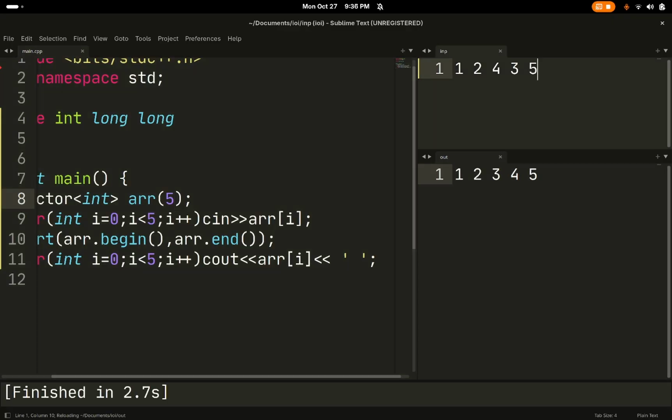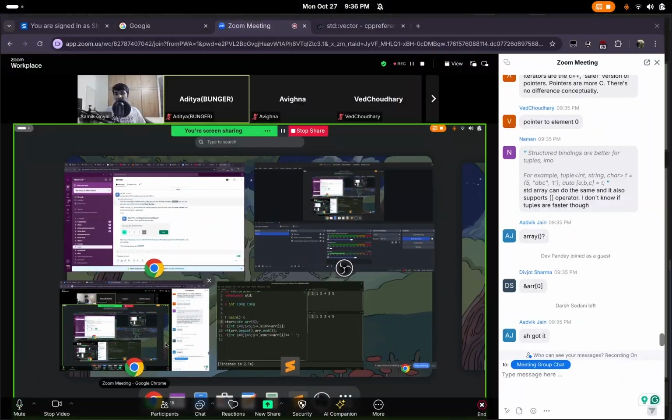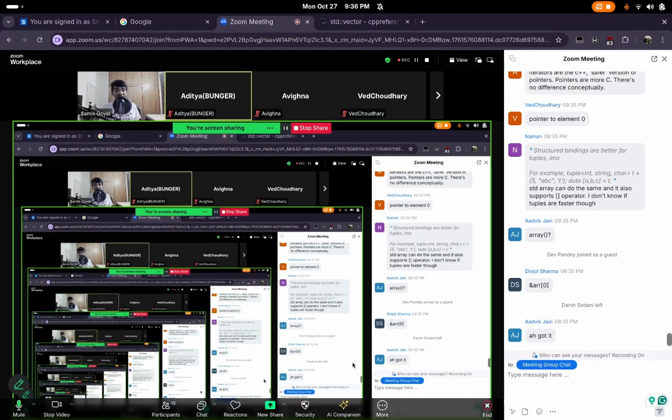Okay, yes, so it just sorts the input. This is a simple function that you'll use a lot of the time. You'll just find it in your code. The real power of this function is that it can sort anything. It doesn't have to be an integer.